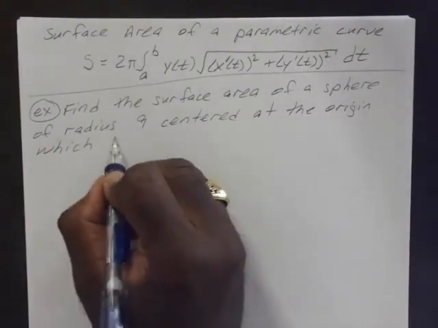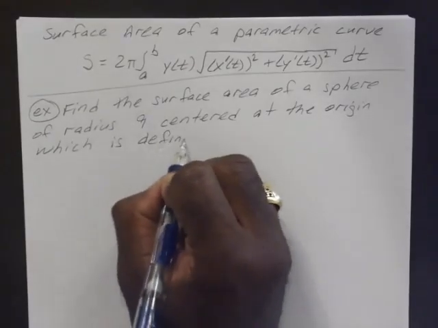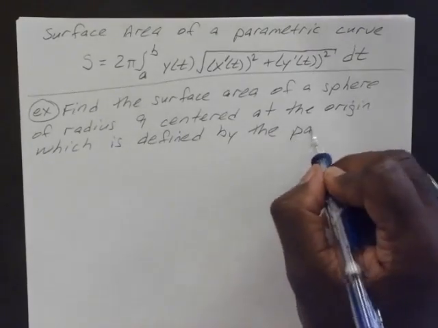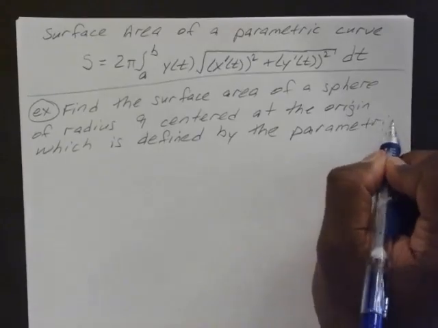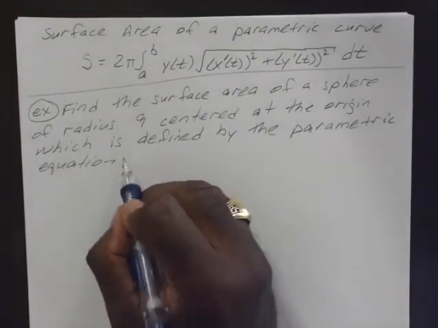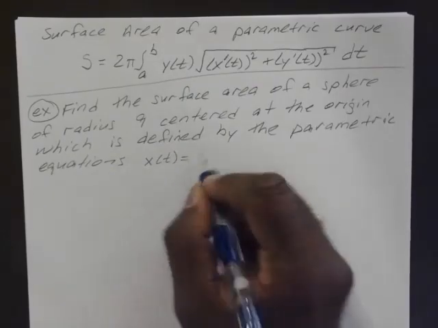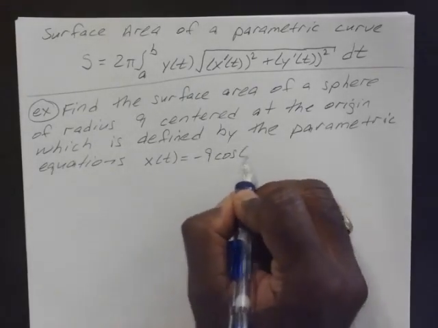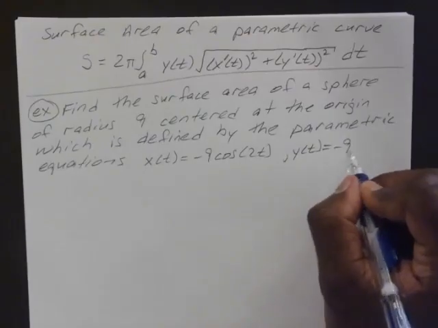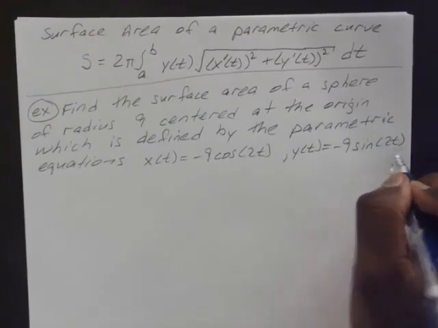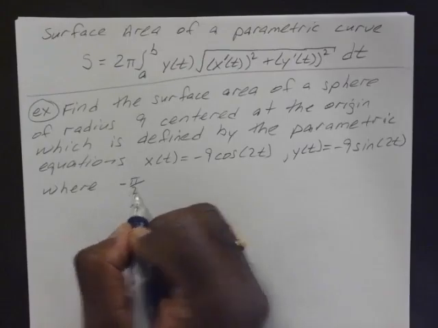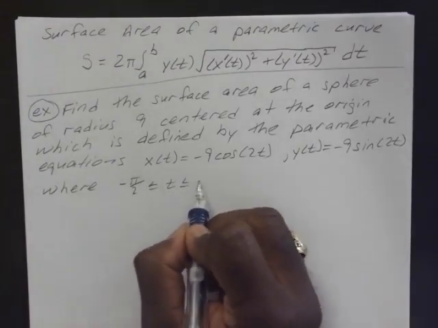Which is defined by the parametric equations: x of t is equal to -9 times cosine of 2t, y of t is equal to -9 times sine of 2t. But we know t is between -pi/2 and 0.